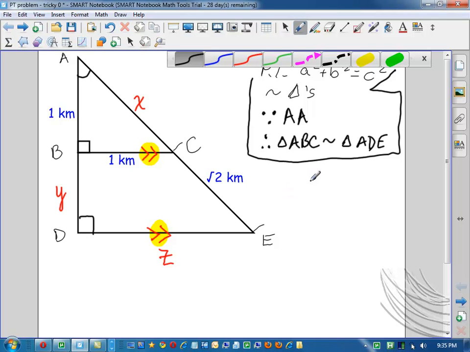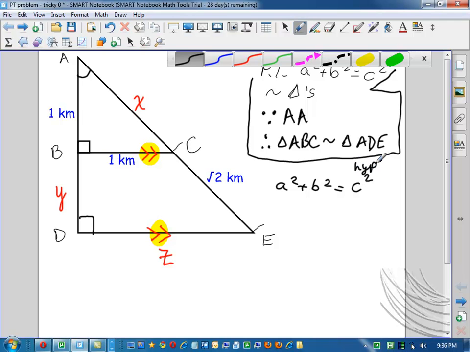Now we can move on to the next idea. If you take a gander at this, you've got one here, one here. This is a right angle triangle, so we should be able to figure this out. That's pretty easy because a squared plus b squared equals c squared. And don't forget that c is always the hypotenuse.